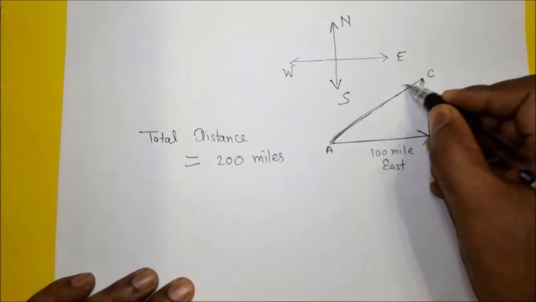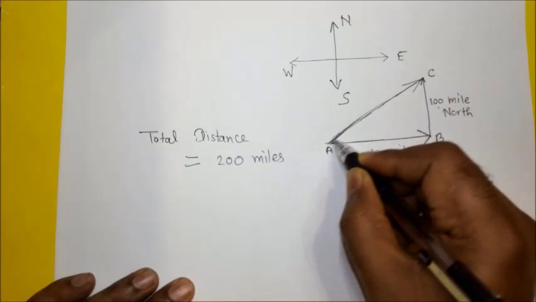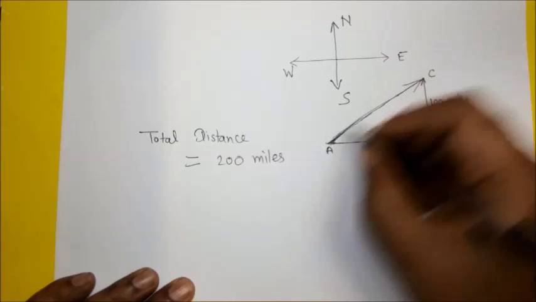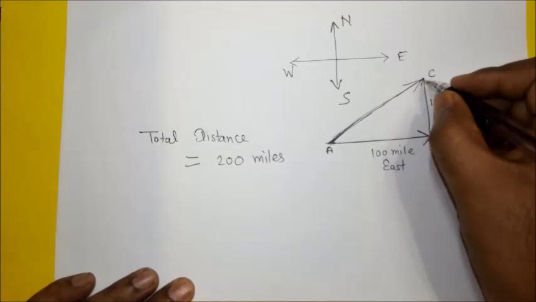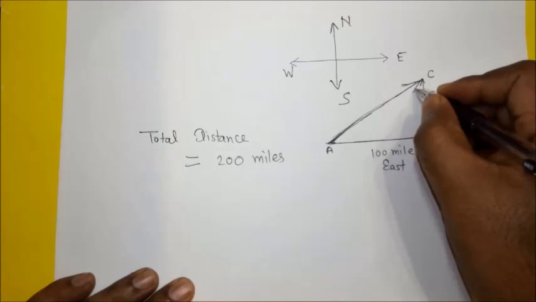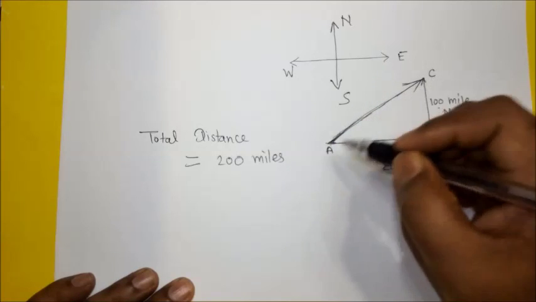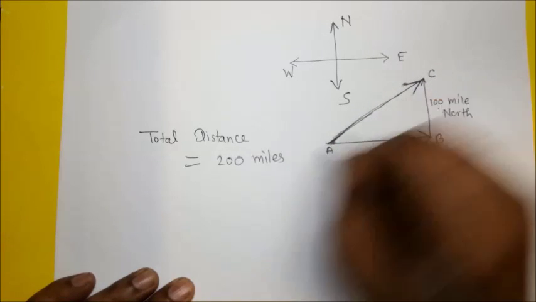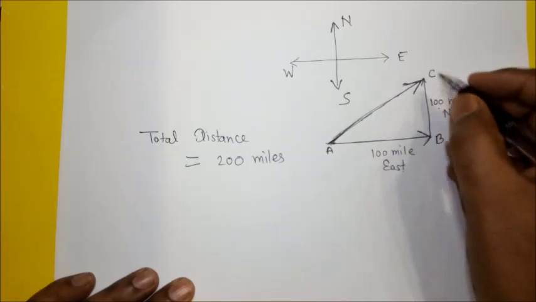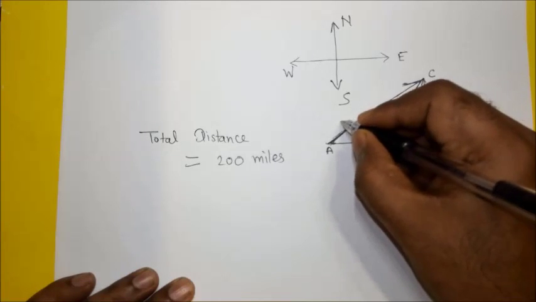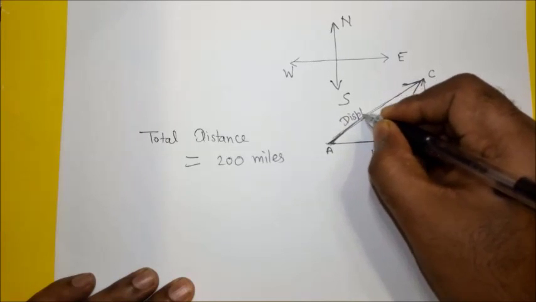This straight line is pointing towards the final position from the initial position this way. This is going to be the displacement.